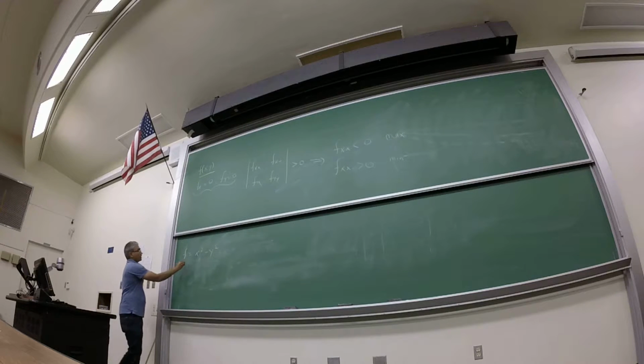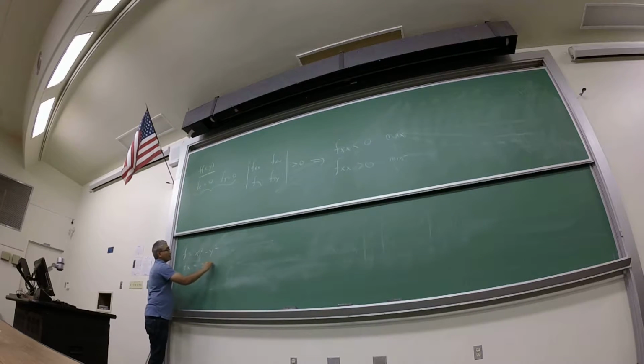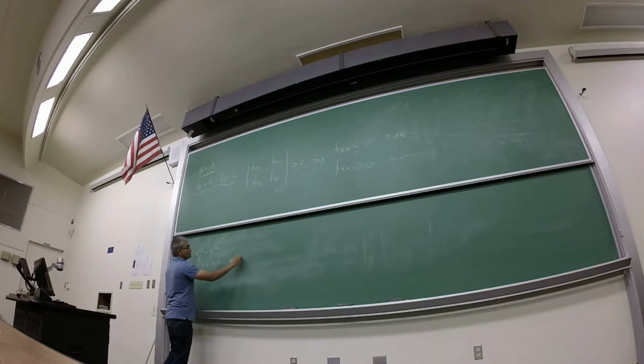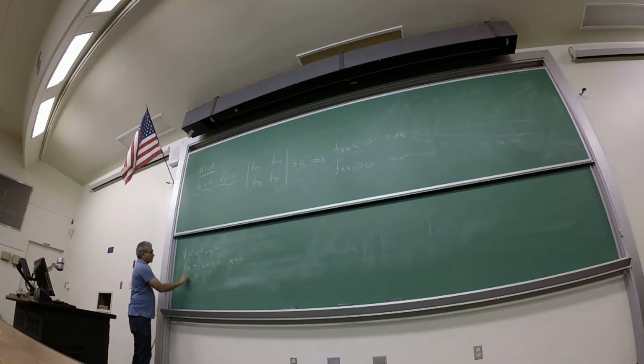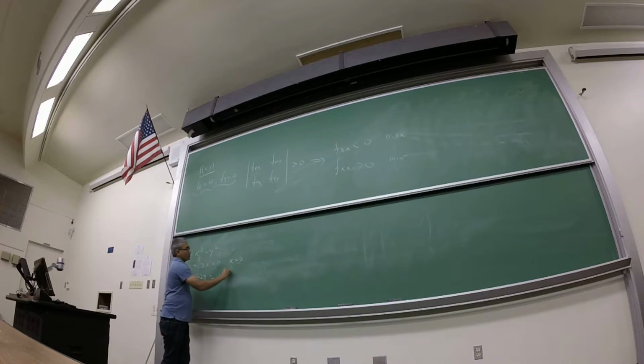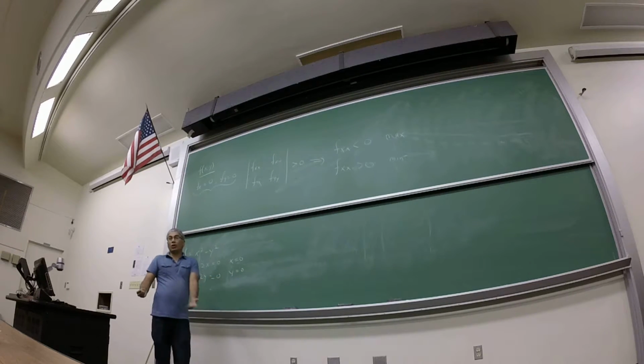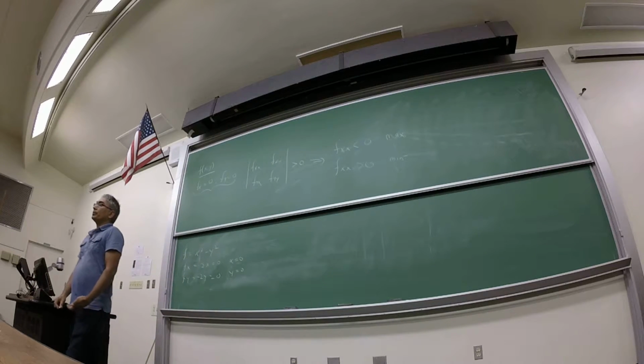Okay. So what is fx? Still 2x equals 0, means x equals 0. What is fy? Minus 2y equals 0, that means y equals 0. So you can see the solution still is the same, 0, 0.